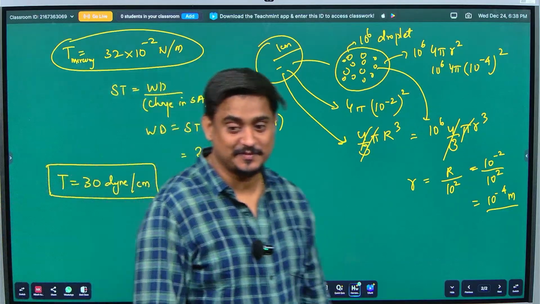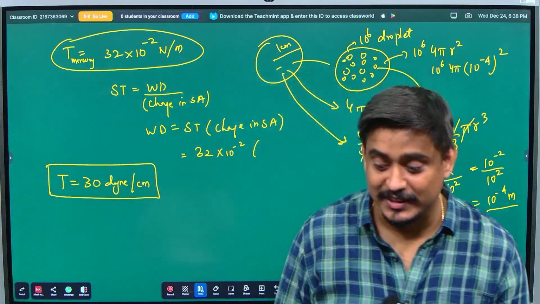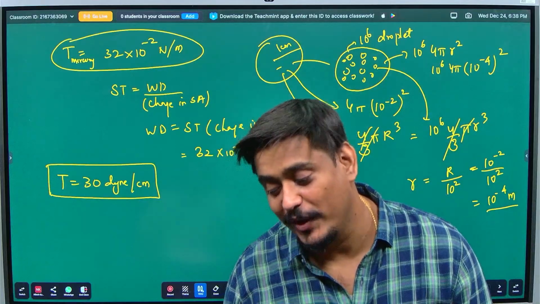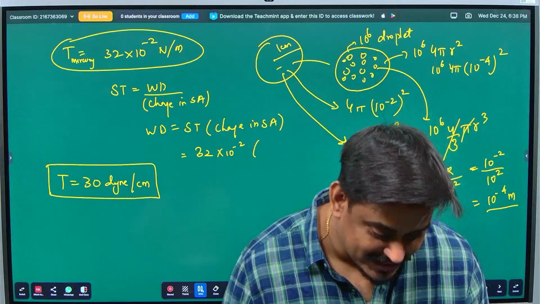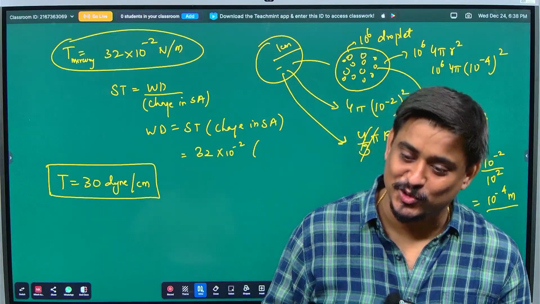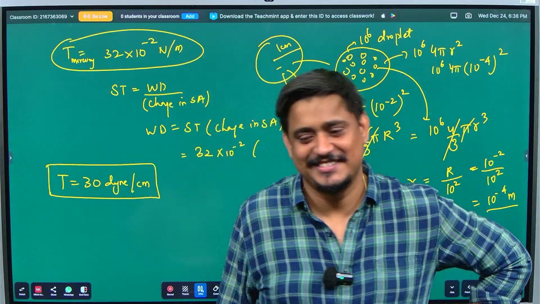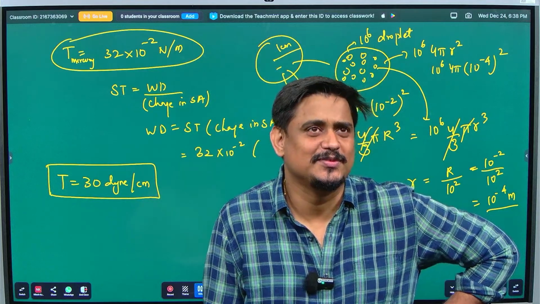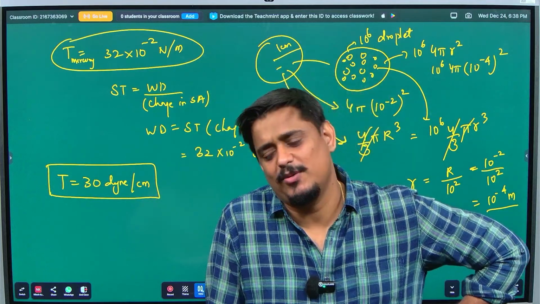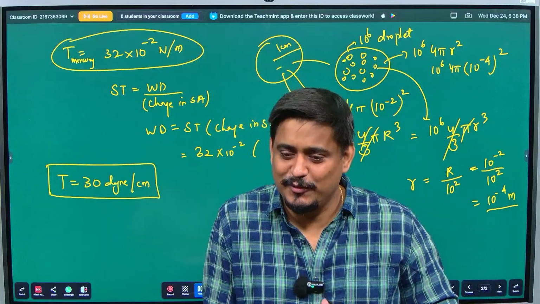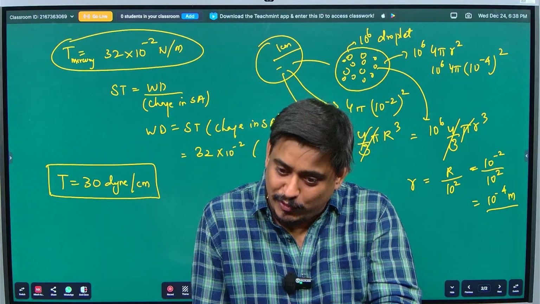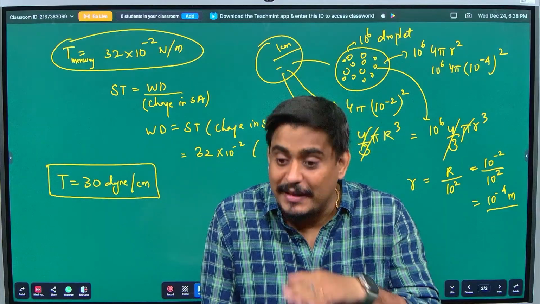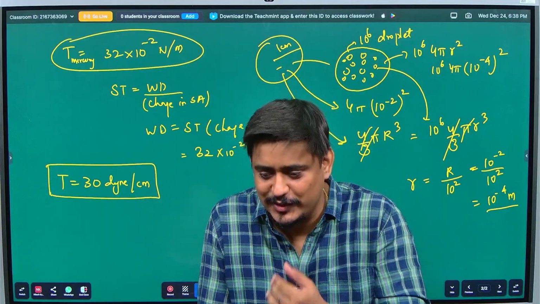Change in surface area will be? What did you multiply? Oh, very good. Changing from 2 to 3, eh? So 3 minus 2 is 1. How, man? If the radius is becoming 3 to 4, the area will not change from 3 to 4 only. Area will be pi r square, or 4 pi r square in this spherical case.